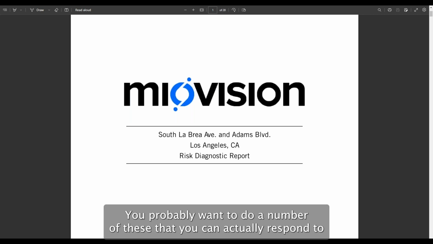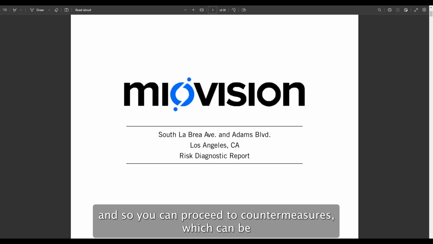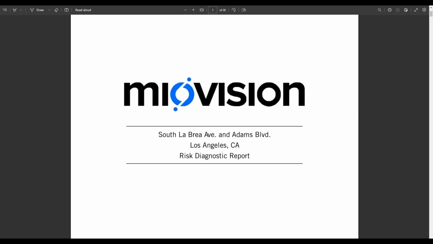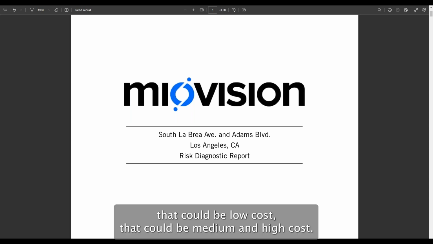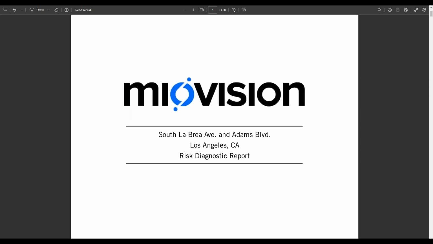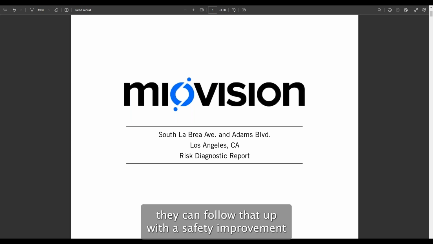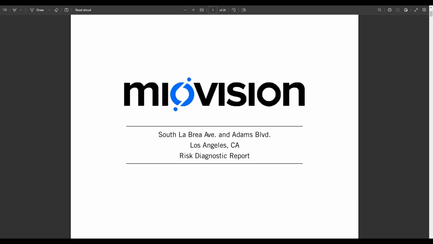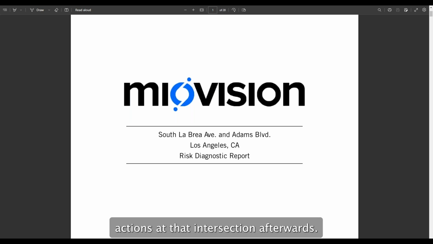You probably want to do a number of these that you can actually respond to, so you can proceed to countermeasures, which could be low, medium, or high cost. So for cities, doing 10, 20, 30 per year seems manageable, so that they can follow up with safety improvement actions at that intersection afterwards.